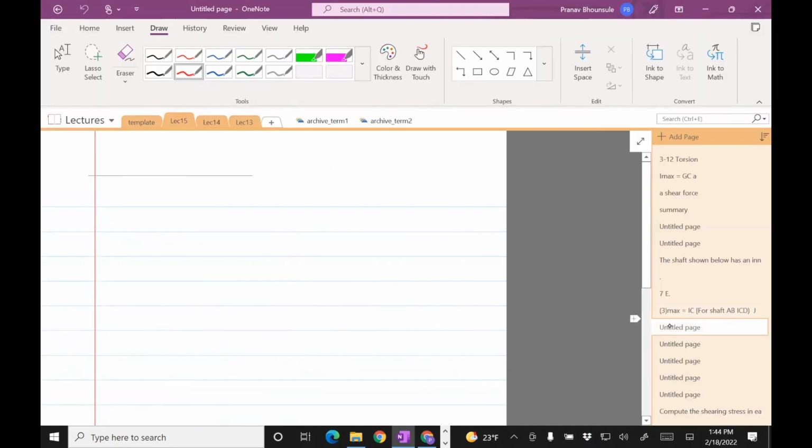This part is on torsion of non-circular sections. In fact, we'll do rectangular sections: torsion of rectangular shafts.